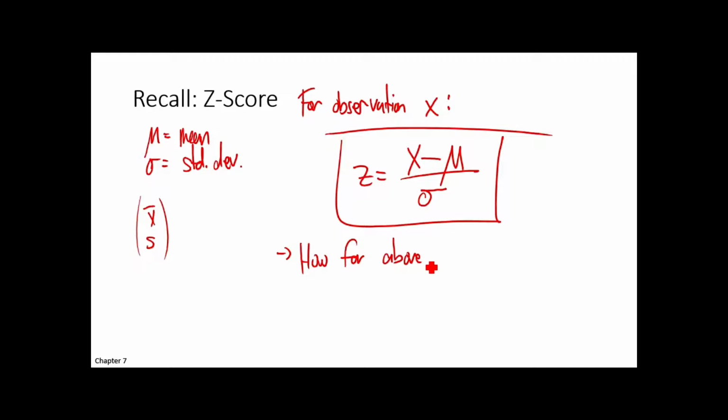And it tells us how far above or below x is from the mean. So here we go. We got this z-score. It's telling us how far things are above the mean, below the mean. And now, why is that useful for us?